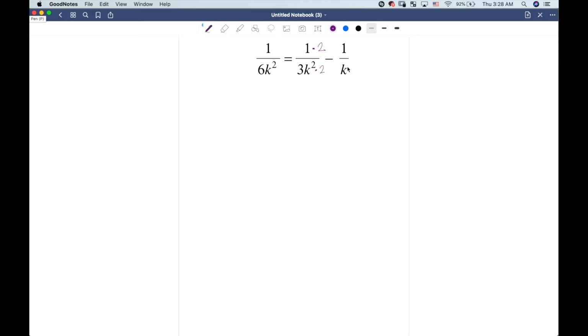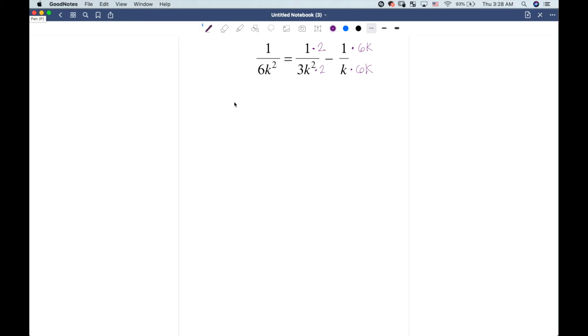Now, what can I do to k so it matches with the other two denominators? What times k will give me 6k squared? K times 6k. Remember, when you're multiplying variables, you add the exponents. So exponent 1, when you add, it gives you 2. When you multiply the denominator, you multiply the numerator.